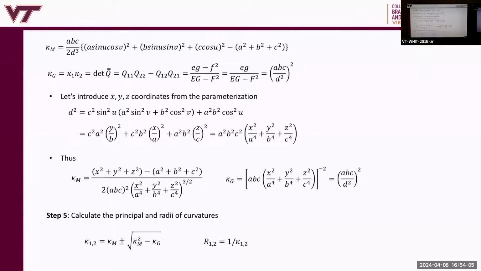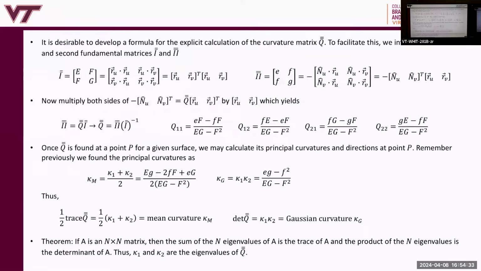Good. Now the mean curvature can be expressed in the following way if you plug everything back in. Gaussian curvature is the determinant of Q. If you do all of that, it reduces to this determinant of EG minus F squared. Let's go back and remember where we introduced that. Here, one is capital E, F, G. What is the determinant of this matrix?